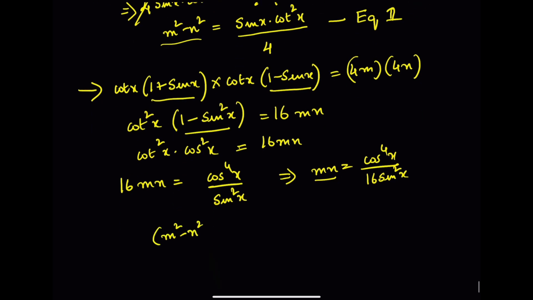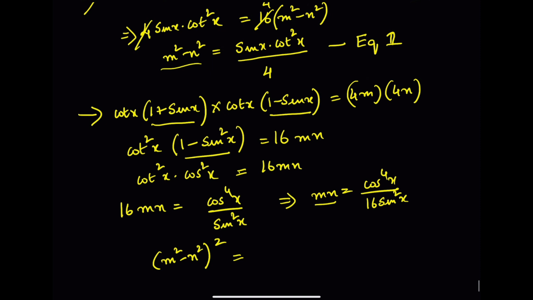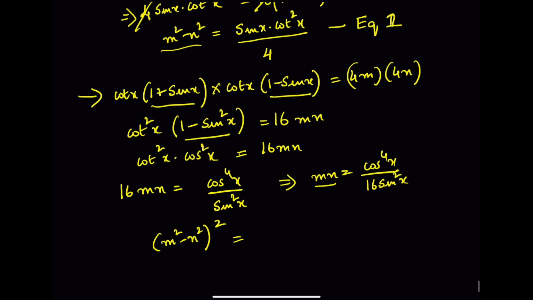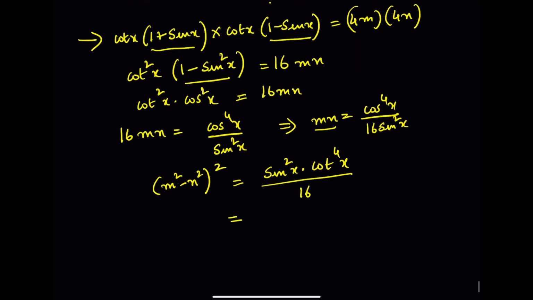Now we know mn and m square minus n square, but the required thing is (m square minus n square) the whole square. So what would that be? (M square minus n square) the whole square. So we just have to square this part. We will have sin square x times cot to the power of 4 x divided by 16. Now if we solve for cot, we can change it to cos by sin.